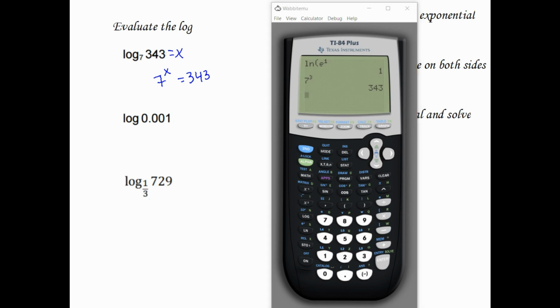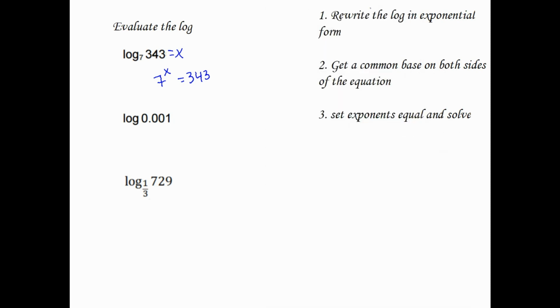So 7 to the x equals 7 to the 3rd. And now since I have the same base on both sides, I can set my exponents equal to each other. So x equals 3. That's it. So log base 7 of 343 is equal to 3.